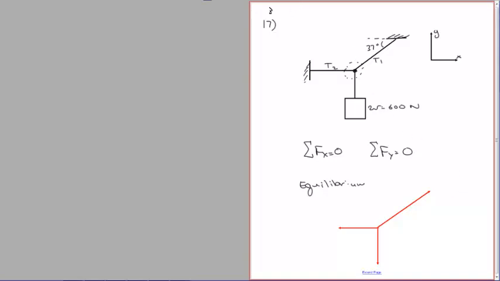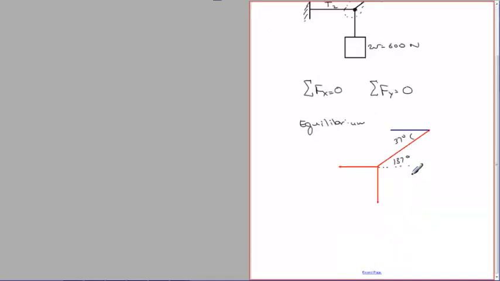And we know some geometry. We know that the angle here is 37 degrees. We also know, because these are two parallel lines, that this also is 37 degrees.